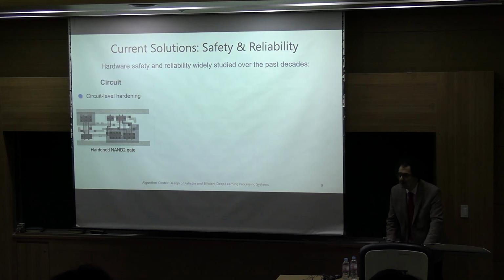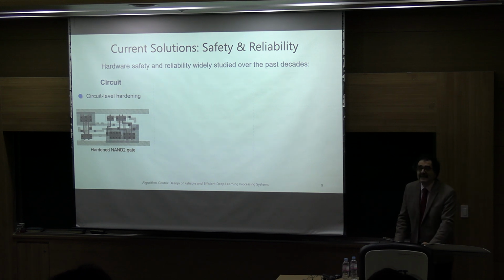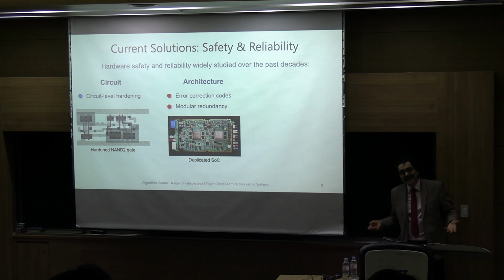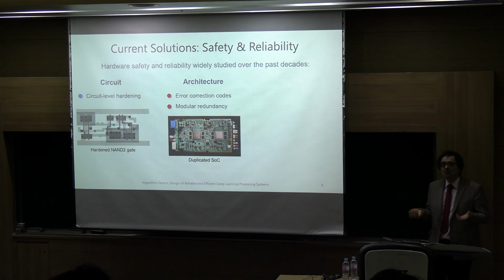And of course, many solutions have been suggested, ranging from hardening the circuit. In the architecture level, there is a whole important mathematical field of error-correcting codes, how to detect the errors, how to restore the misbehaving situation over there.